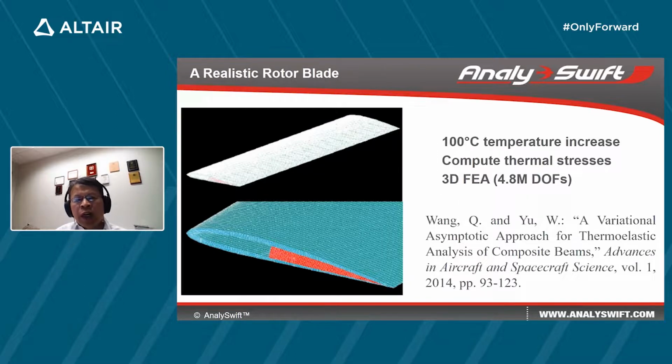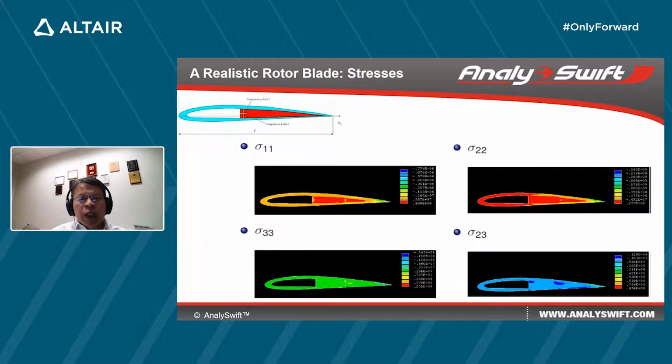We also validated VABS with 3D FEA analysis, and this is for a realistic rotor blade, trying to compute the thermal stress due to a 100 degrees C temperature increase. If we use 3D FEA with solid elements to model the structure, we're talking about 5 million degrees of freedom.